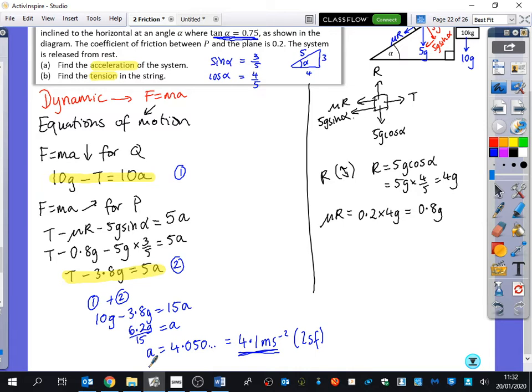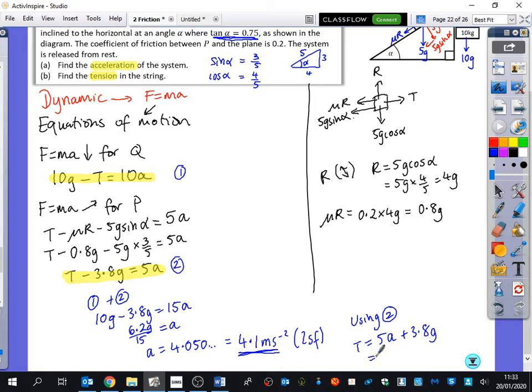So to now find out the value of T, which one do you think is easier to use, 1 or 2? The second one is easier because it's already got T as positive. So using 2, I can see that T is equal to 5a plus 3.8g. If you haven't cleared the calculator, you can just use the answer button.